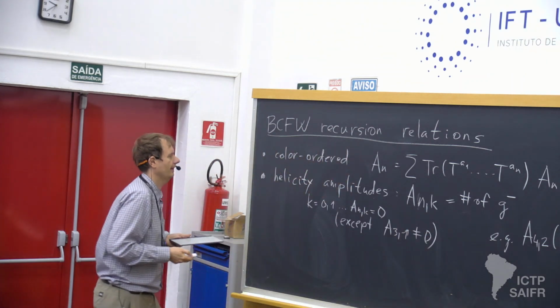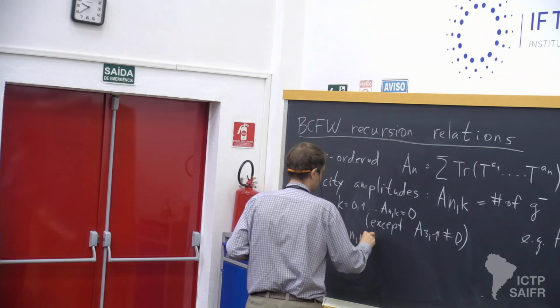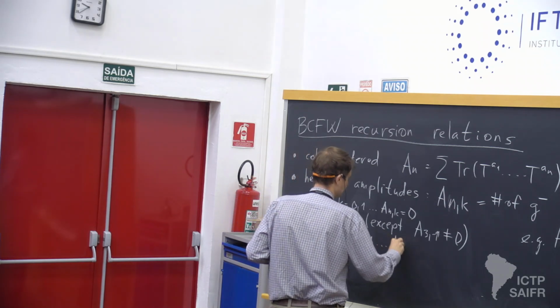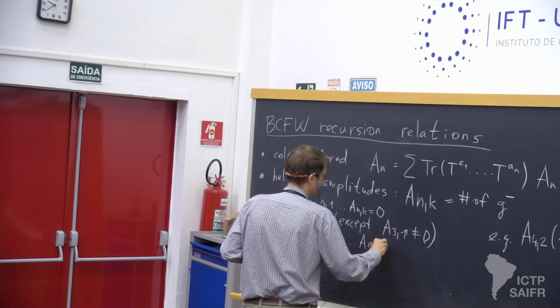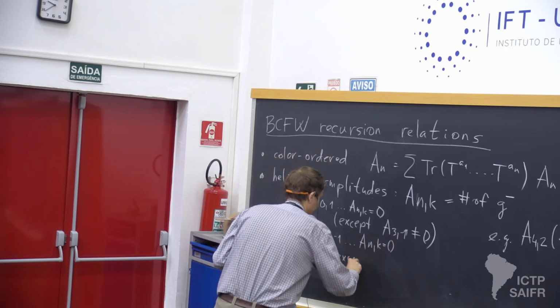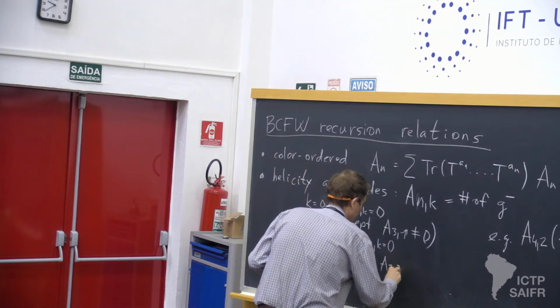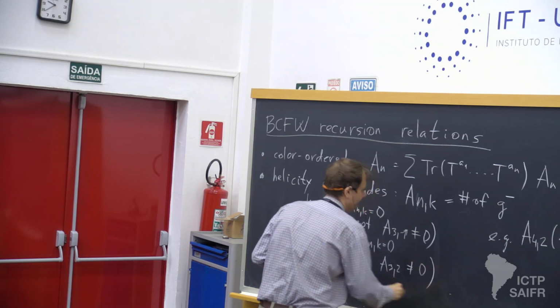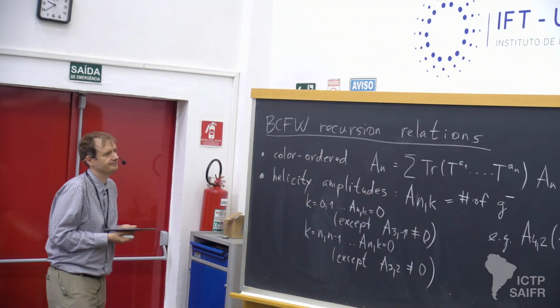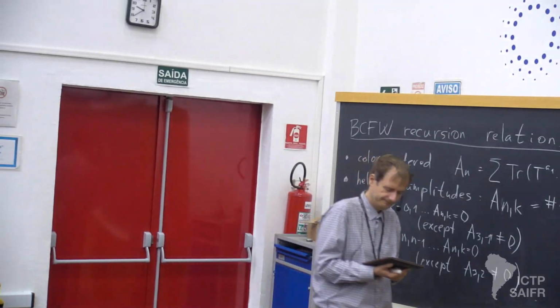Similarly, if k is n or n minus 1, the amplitude is again 0, except the 3-point A32, which is non-zero. These are the 3-point amplitudes we calculated before.